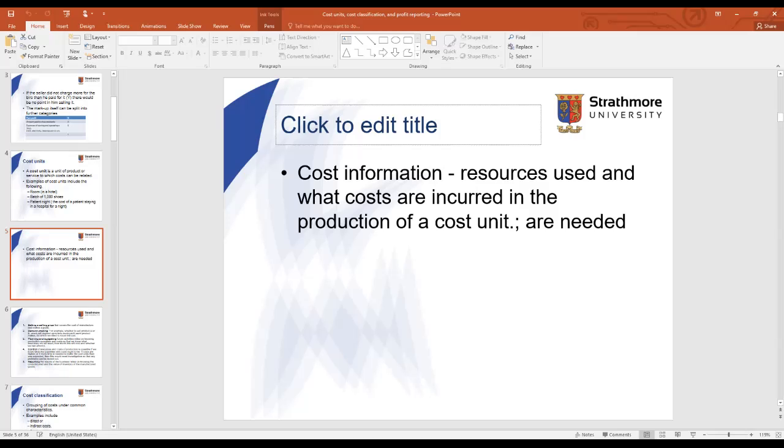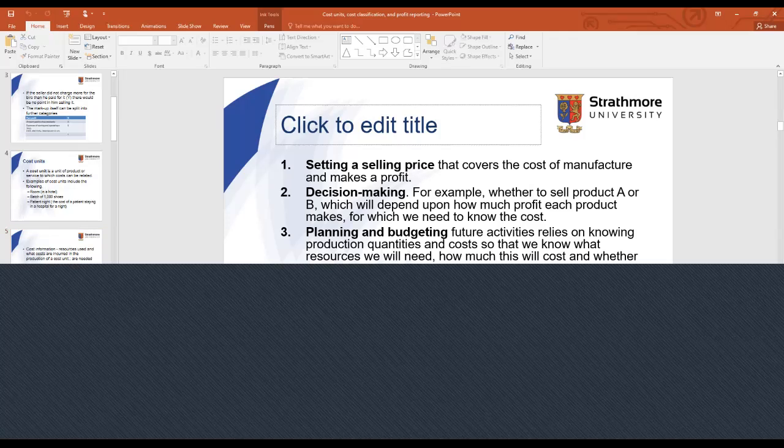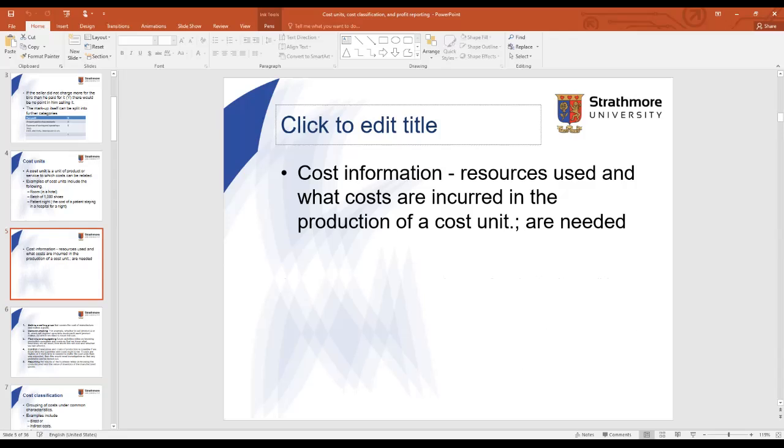If we are Strasbourg University, we want to determine how much cost we incur in providing this particular unit. Determine therefore what resources are being utilized by our students. They're using the rooms, they're using the internet. Are they using the cafeteria?